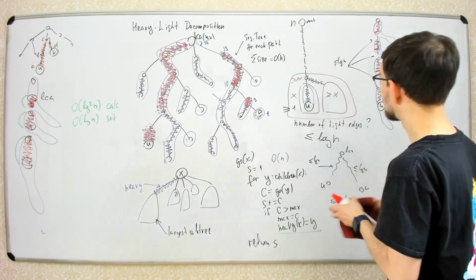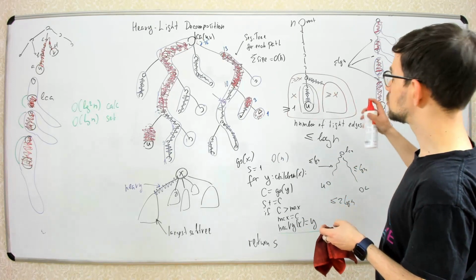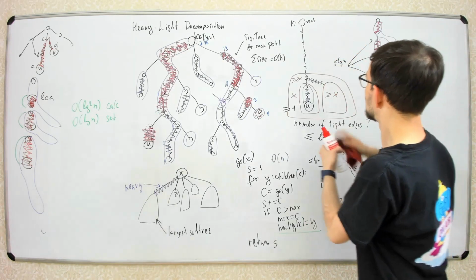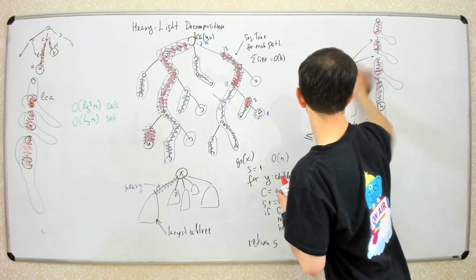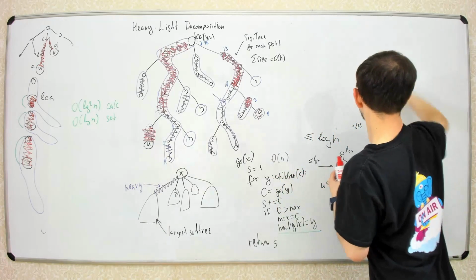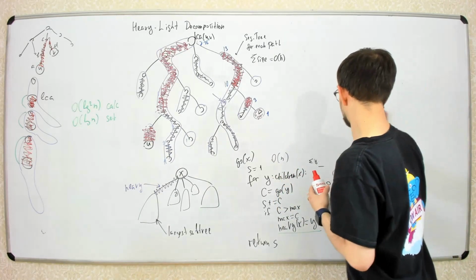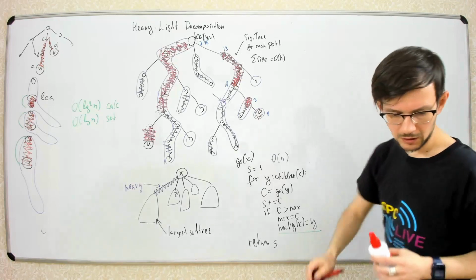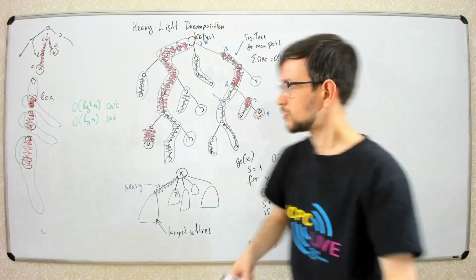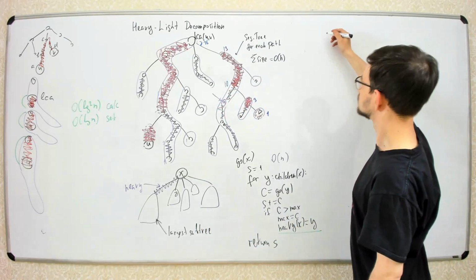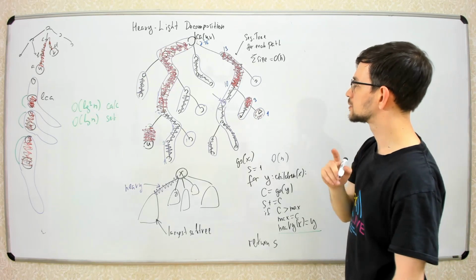How to do it? I need to draw another tree. Sorry. Let's have some tree. I need some labels for the nodes.